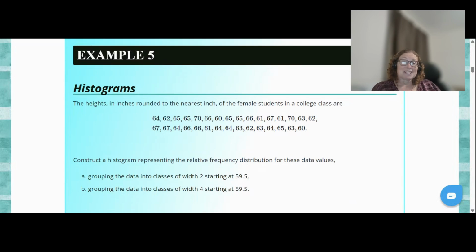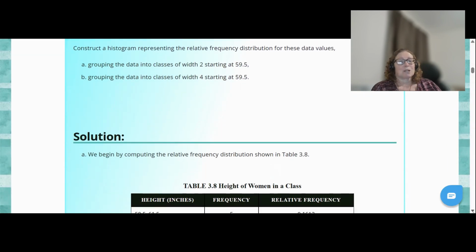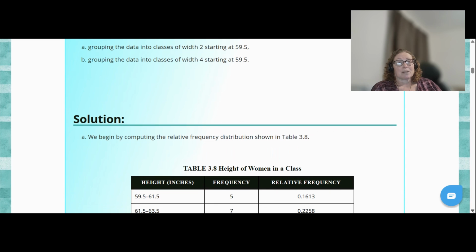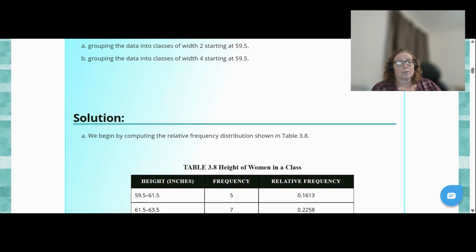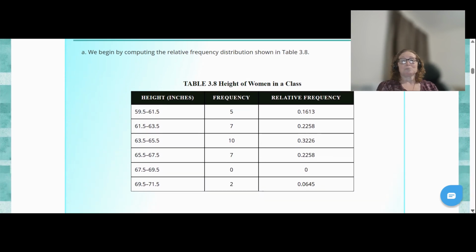Why is that? We want to see what it looks like, whether it makes sense to do it in a width of 2 or a width of 4. Even from just looking at this table, if you glance at it for a second, there is one grouping that has nothing in it.